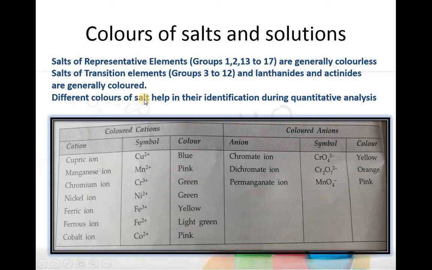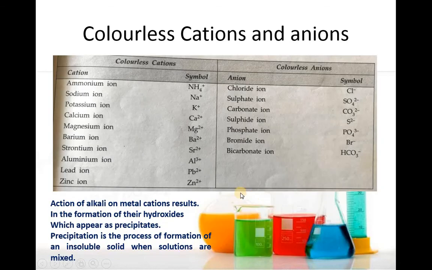Different colors of salt help in their identification during qualitative analysis. You can see the cations and the respective colors. Here you can see the anions, you can see the respective colors. You don't have to learn the chart this way. Every day if you practice different salts and write the reactions, you will automatically learn this.